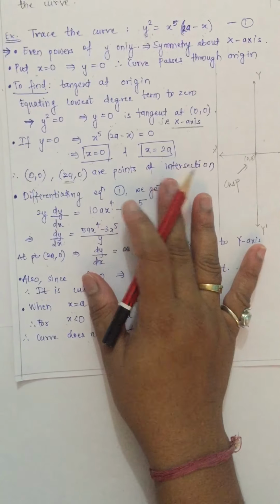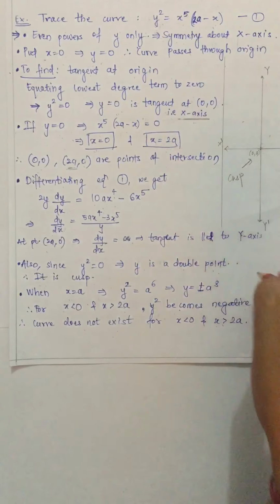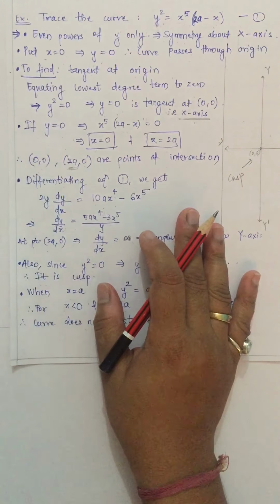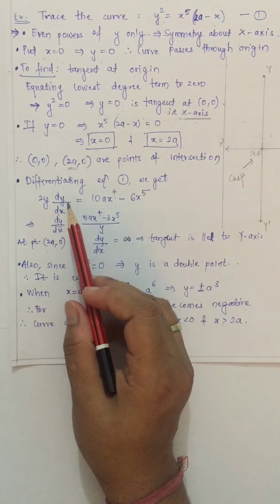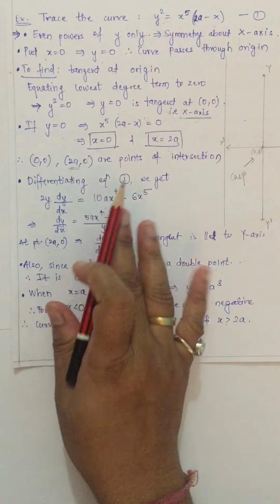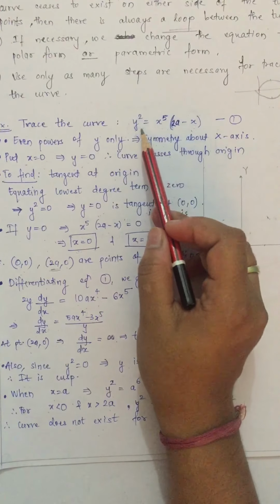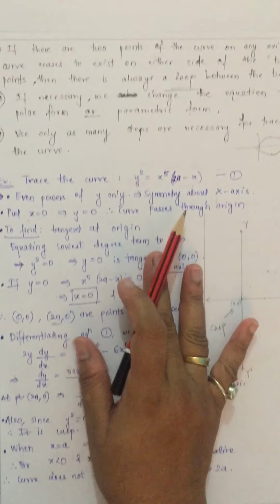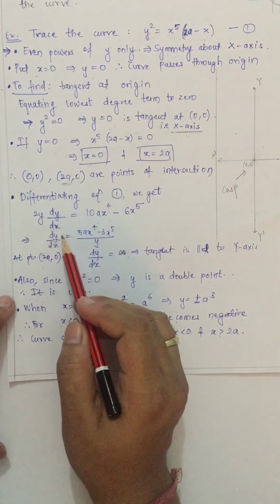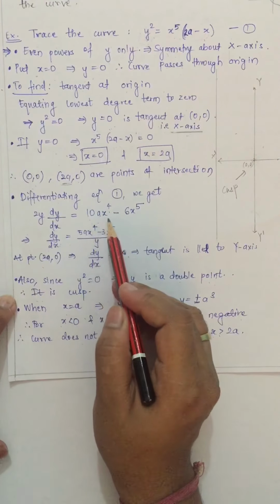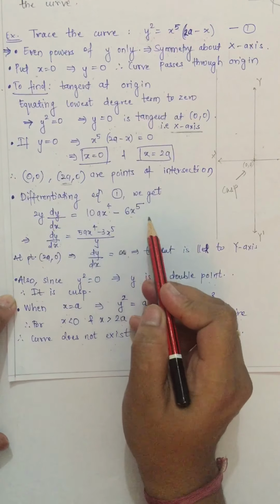Next we check whether there is any tangent passing through this point to the curve. For that we find dy by dx. Differentiating the given equation 1 with respect to x, we obtain 2y dy by dx equal to 10a x raised to 4 minus 6 x raised to 5.